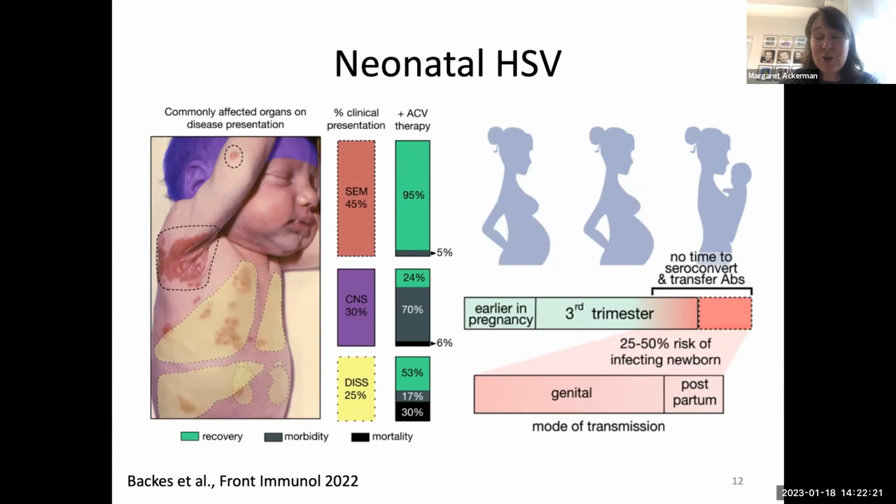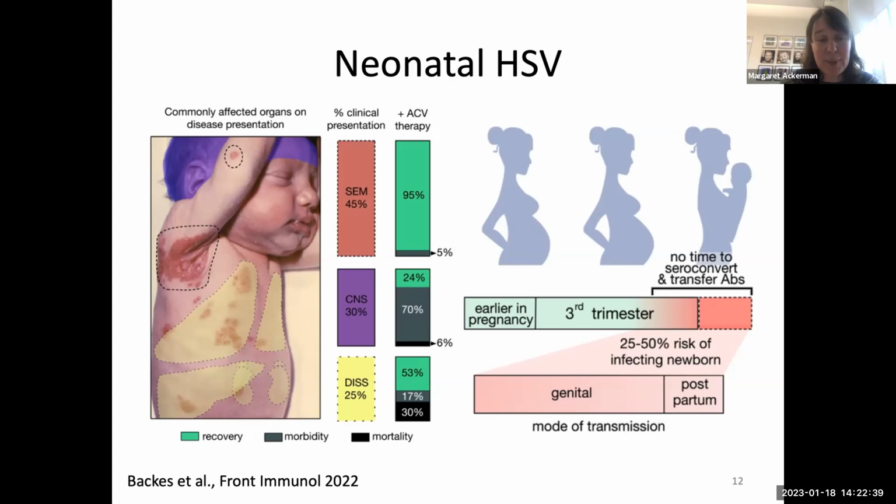But antibodies are tremendously protective. So the highest risk of transmission to neonates is when mothers are infected, but not for long enough to become seropositive and to transfer their antibodies to the fetus.